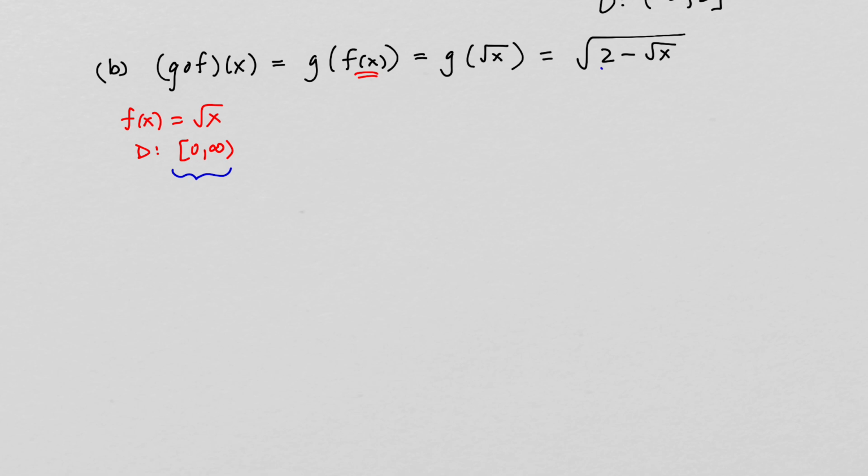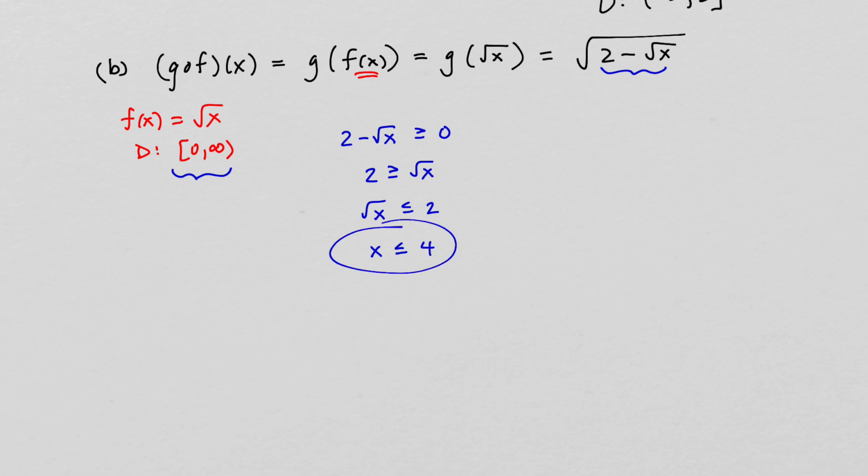To figure this part out, we'll just take the inside here, which is 2 minus radical x, and we'll remind ourselves that this needs to be greater than or equal to 0. And this means 2 must be greater than or equal to the square root of x, or the square root of x must be less than or equal to 2. Now, if you square both sides, you'll see that x must be less than or equal to 4.